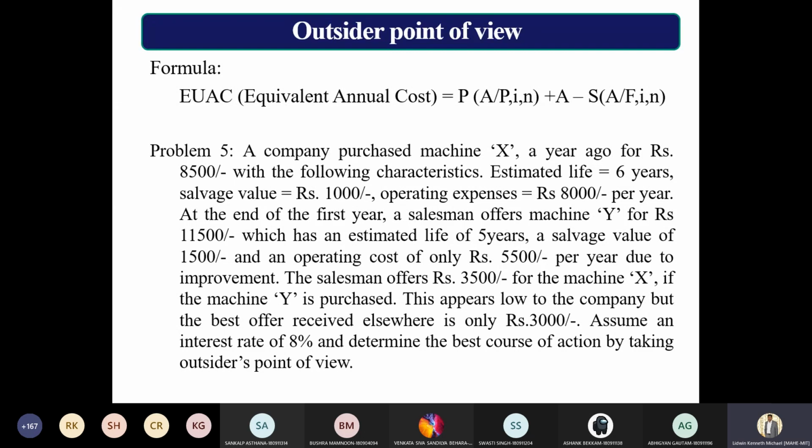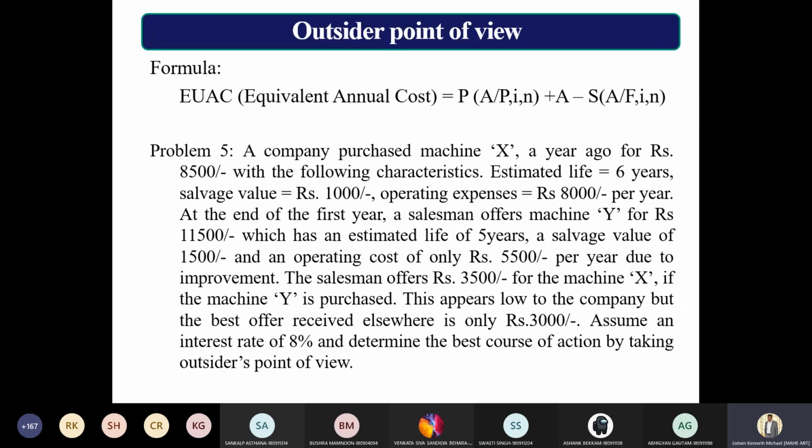Now for the company, since they have spent 8,500 on the machine and 8,000 rupees on maintenance of the machine, a total of 16,500 is spent within 1 year's time. To spend another 11,500 to buy a new machine is not that easy a task. See, the values look very small over here, but in reality, it is much more difficult for the company. It might be in lakhs or maybe in crores also, right?